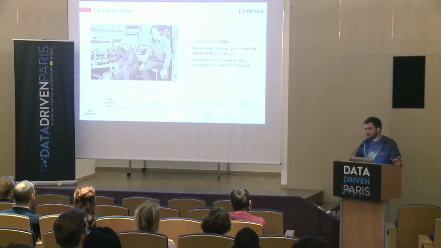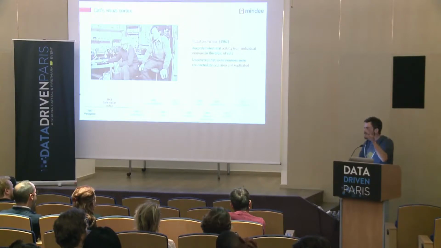They wanted to figure out what was happening in the neurons. By collecting all the electrical data on the visual cortex, they figured out that there were some neurons very locally specialized, focused on a very local part of the image they were seeing, and those neurons were replicated all along the image.